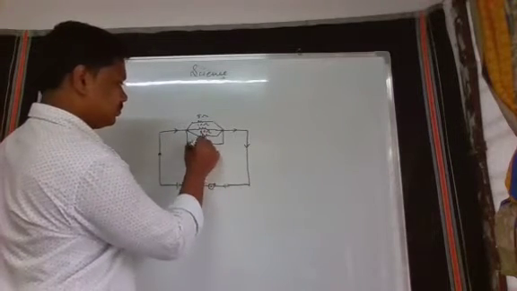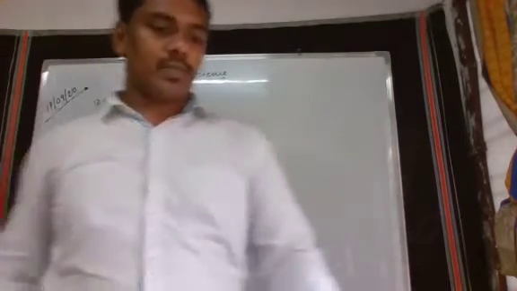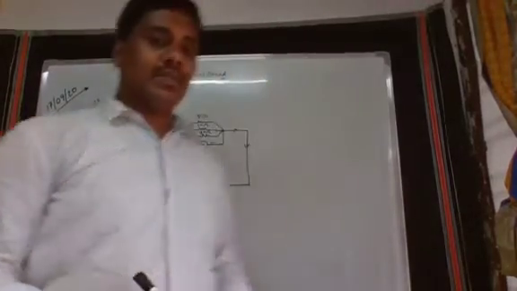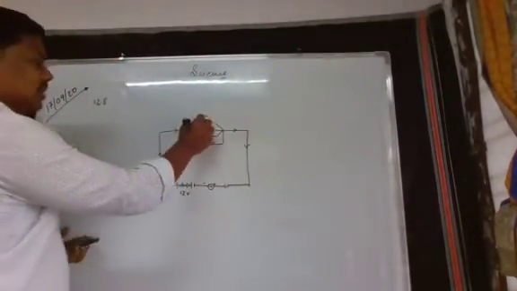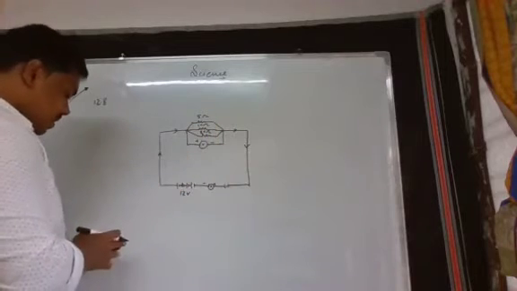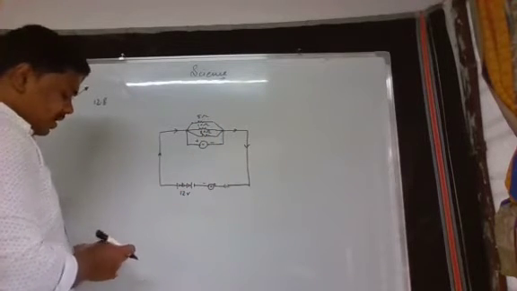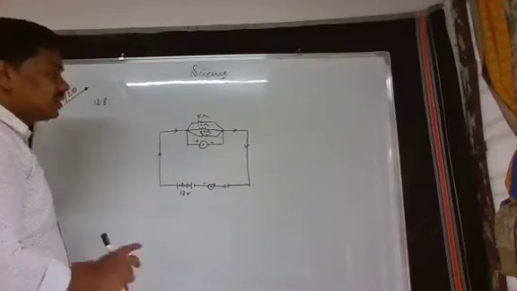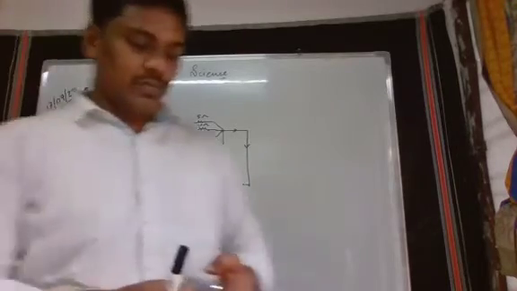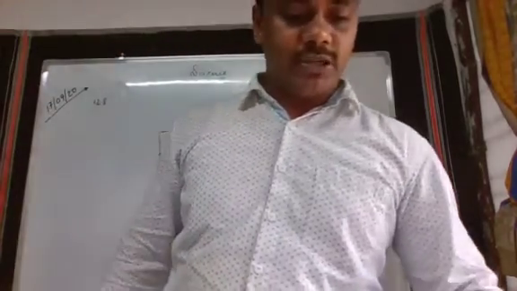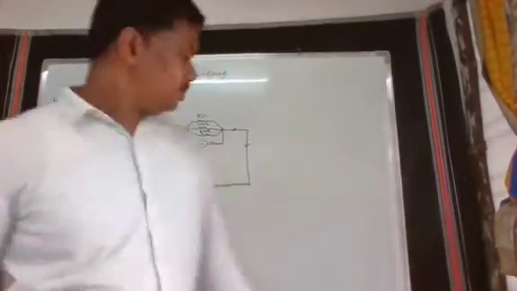So this is the circuit. In this, R1 is 5 ohm, R2 is 10 ohm, and R3 is 30 ohm. So, let us do the solution.